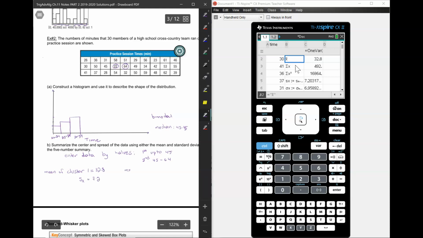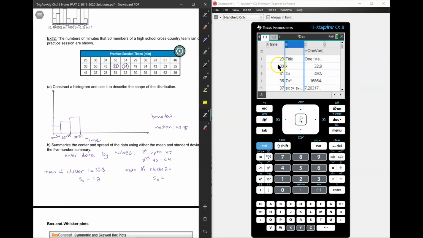And then I'm going to do the same thing for cluster 2. Mean of cluster 2, and then standard deviation. So for cluster 2, I now have to put in my second cluster. So now it's going to be all the numbers greater than 45.